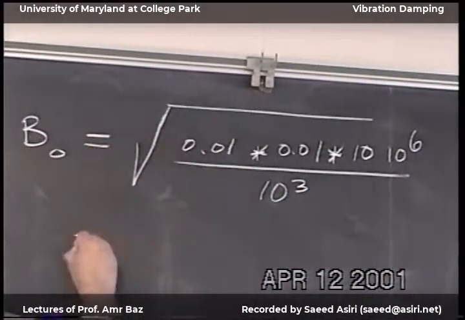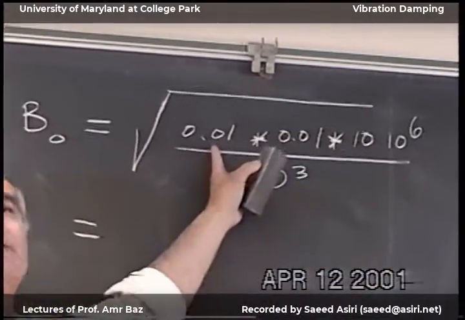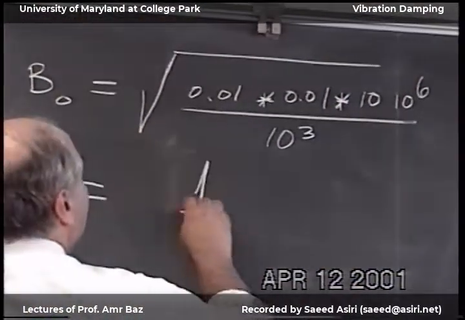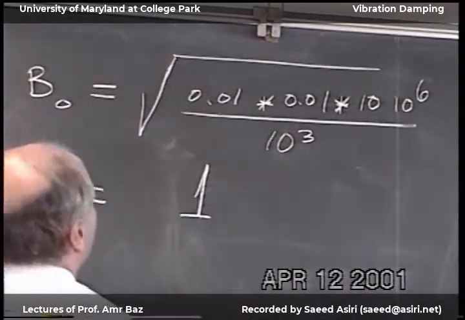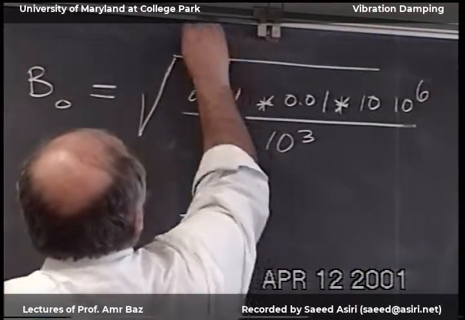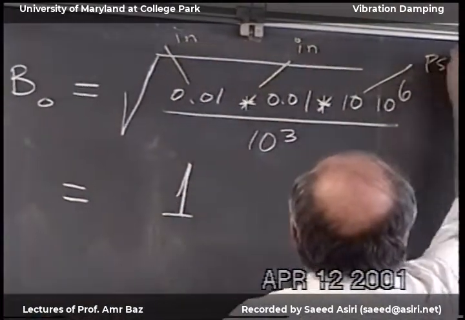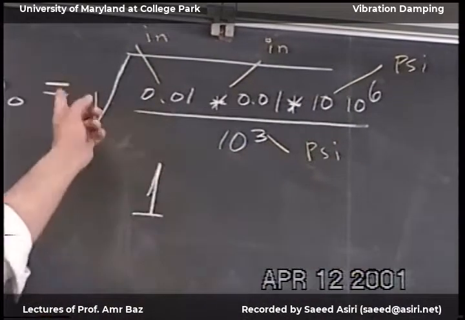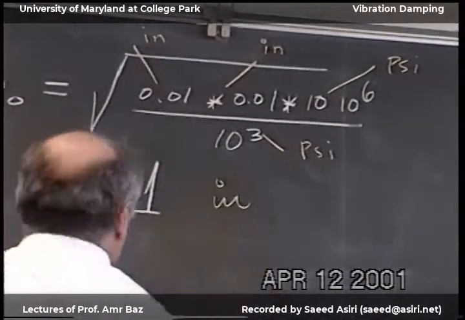So this will equal 10 to the 4 times 10 to the minus 4. So this is equal to 1. And the units of this: inch, inch, pound per square inch, pound per square inch. So we'll have inch squared under the square root, so this would be 1 inch.